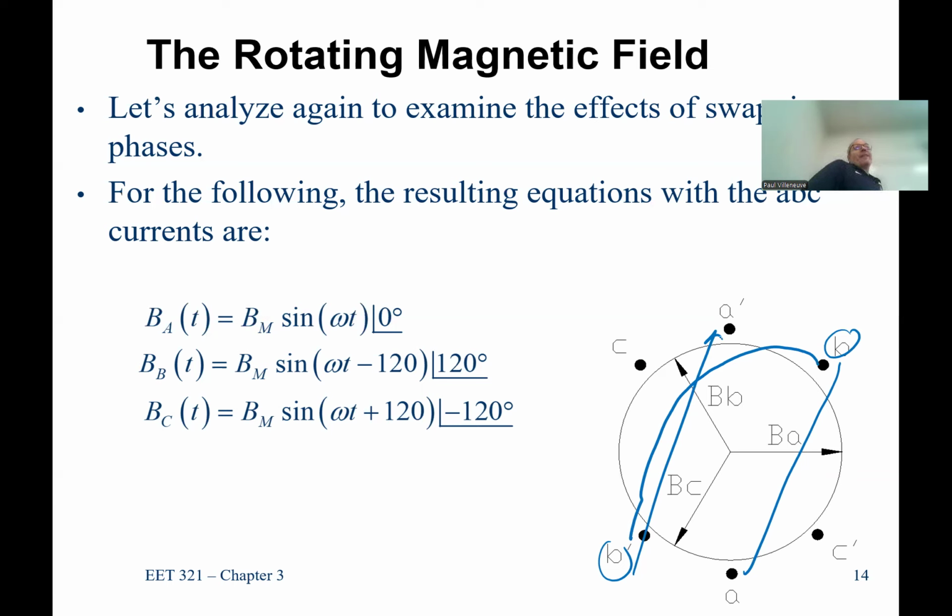A prime can be lined up with B. No, I don't like it. You just said A prime and B prime, that's what confused me. It's got to be all four. You're physically moving the current, which means you're taking the motor apart.